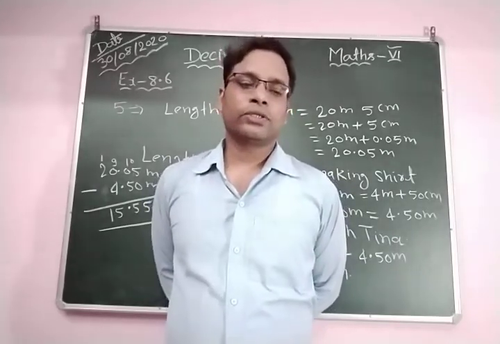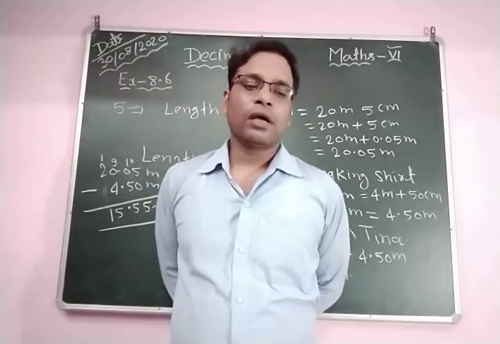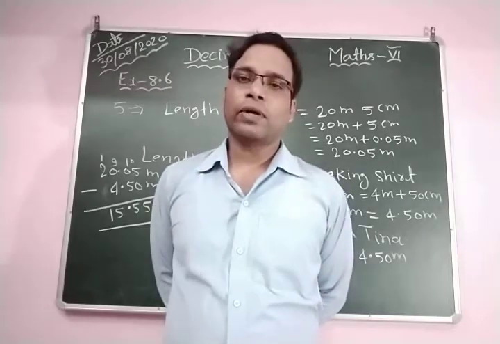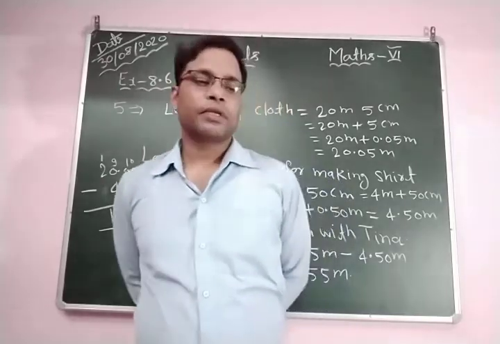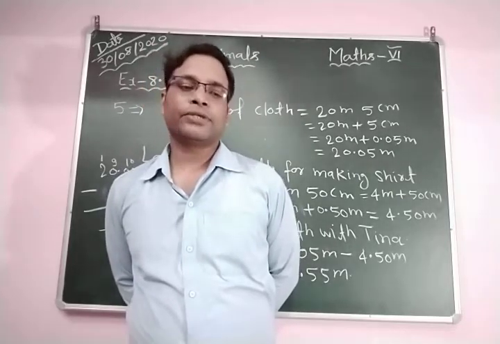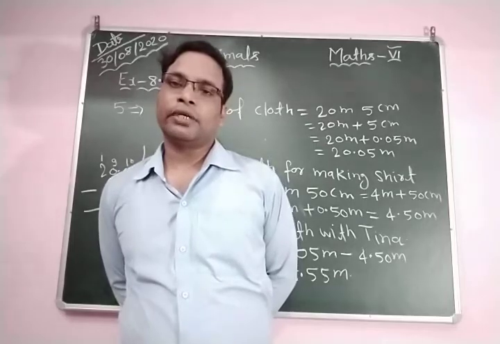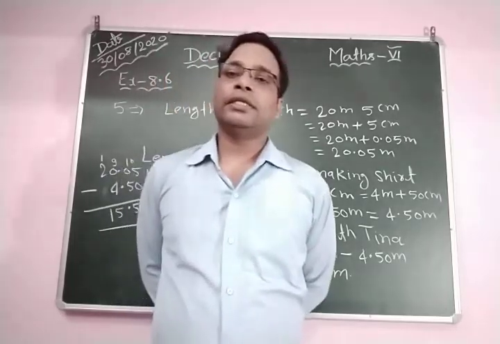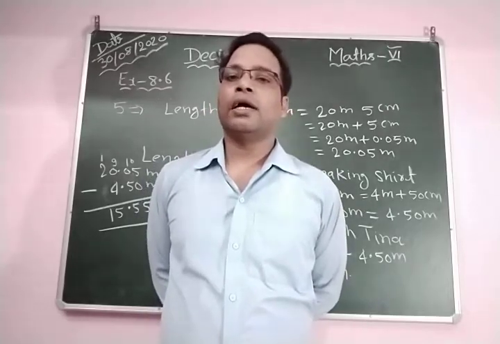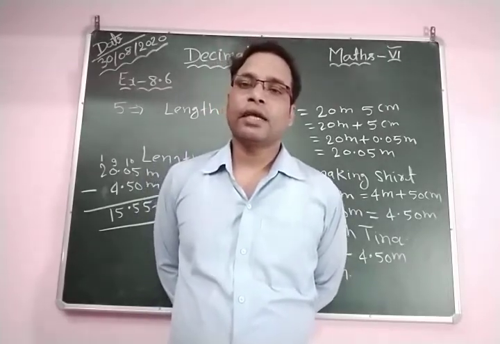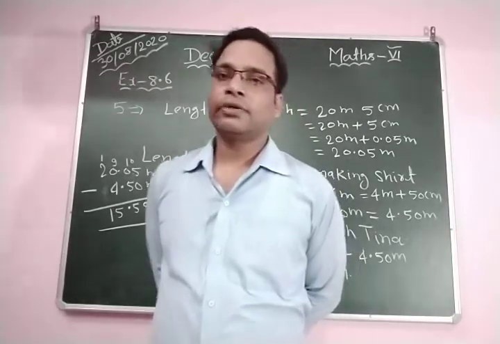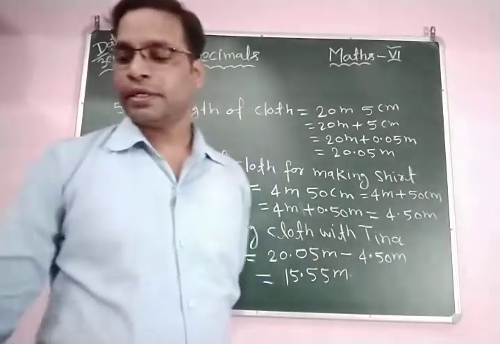Okay, so the question asked to us: how much distance does she travel by auto? Here the total distance is given, 20 kilometer 50 meter, and the distance covered by bus is also given, 10 kilometer 200 meter. We need to find the distance covered by auto. So for this we subtract the distance covered by bus from the total distance. Okay, so let's see how to do it.